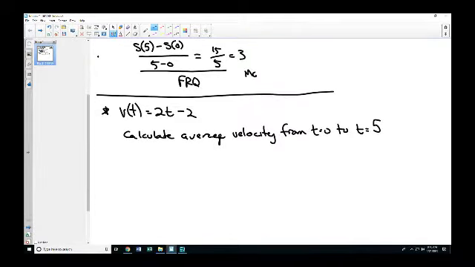So we have to use the average value of the function, because that matches that. Makes sense?